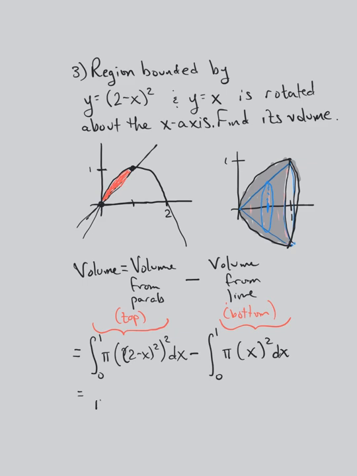You don't have to, but I have this pi, and so now I have the integral from 0 to 1 of 2 minus x to the fourth dx, minus the integral from 0 to 1 of x squared dx. You might be able to combine those and get stuff to cancel, but I think multiplying out that 2 minus x to the fourth is going to be too much trouble to make that worth it. So I'm just going to do these two integrals separately.